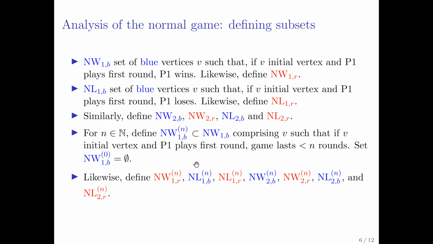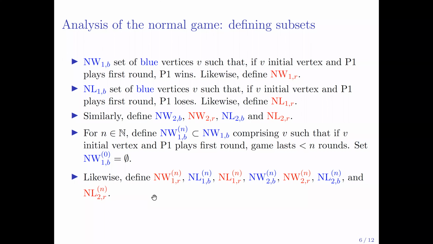So this is extra information: not only will P1 win, but she is guaranteed to win the game in less than n rounds. The game will not last for more than that. By convention, I set NW1B0 to be the empty set. Likewise, you can define the level n subsets for all the other kinds of sets of vertices.